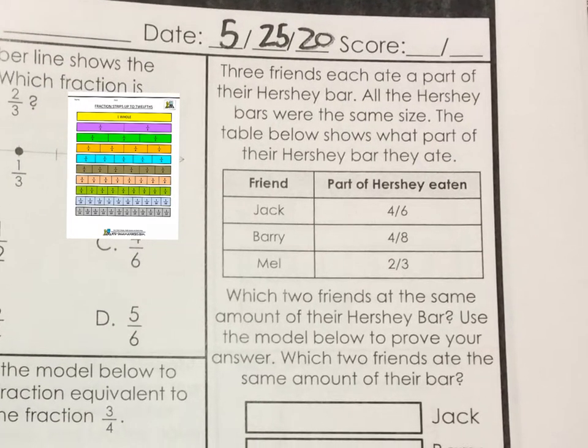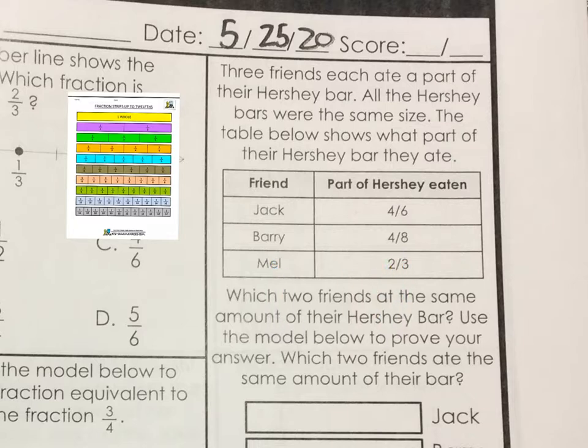All right. The next one says, 3 friends each ate a part of their Hershey bar. Well, that sounds delicious. All the Hershey bars were the same size. The table below shows what part of the Hershey bar they ate. We got Jack here at 4/6, Barry at 4/8, Mel at 2/3.